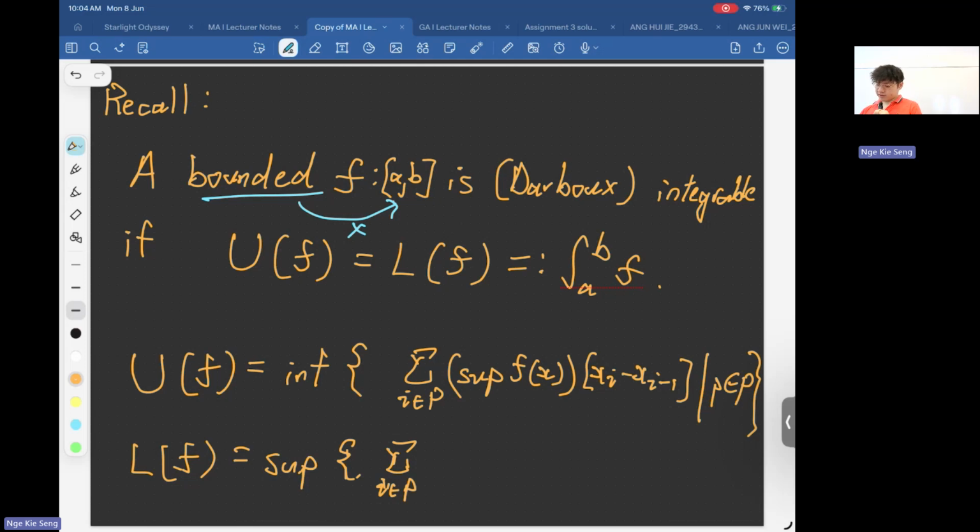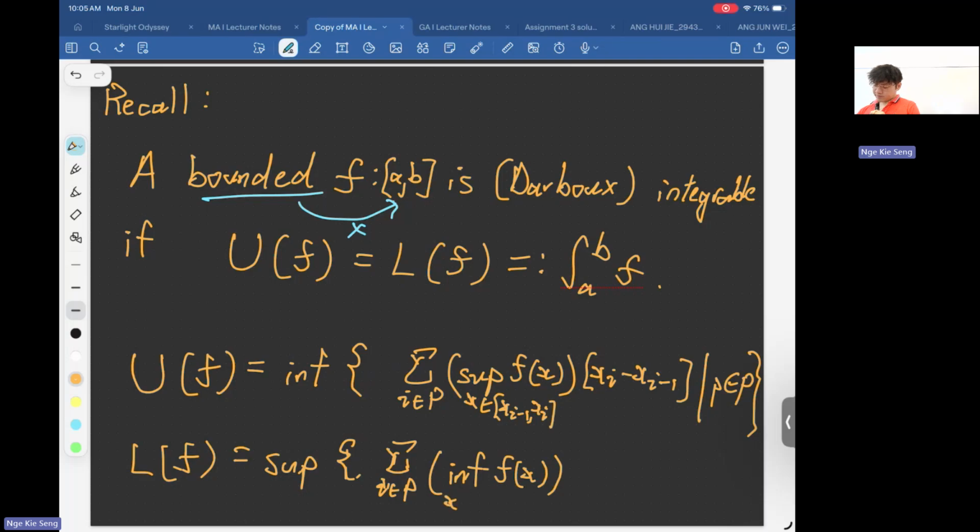You get your index set for your partition, then inf of f(x) such that, oh, I didn't tell you what this x has to pick from. This x picks from x_{i-1} to x_i.